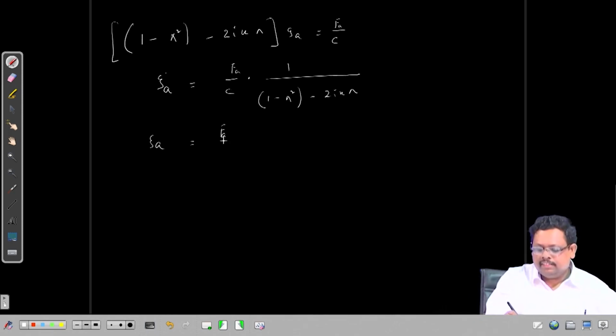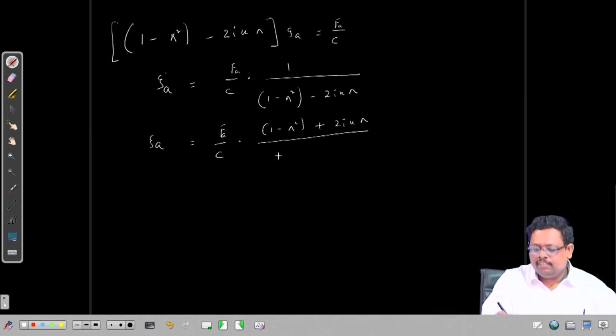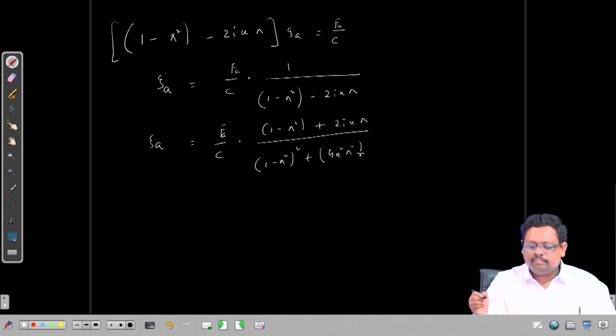So, I find f a by c, then it is 1 minus gamma square plus 2 i kappa gamma divided by 1 minus gamma square whole square plus 4 kappa square into gamma square, right, that we are going to get.